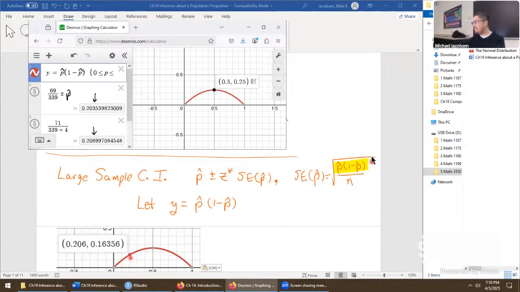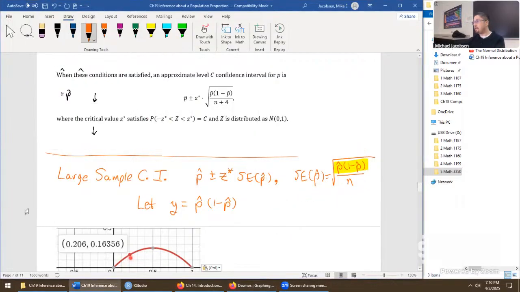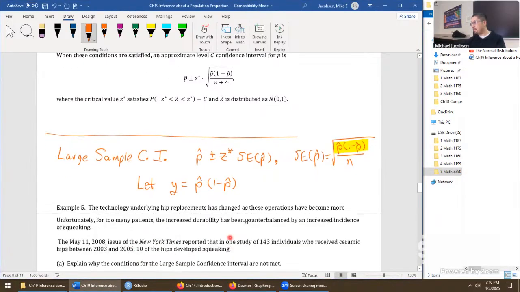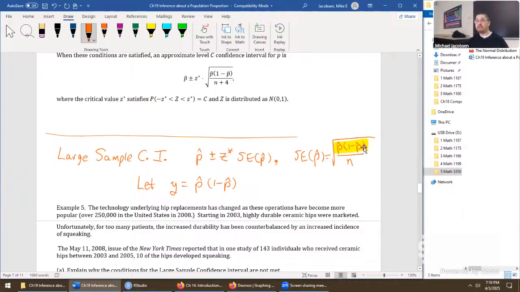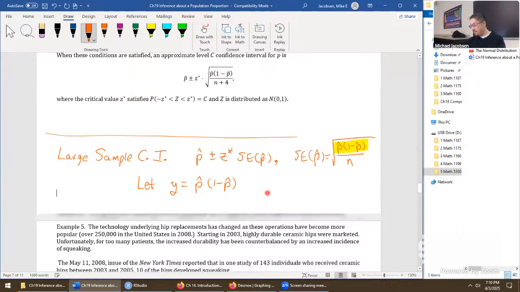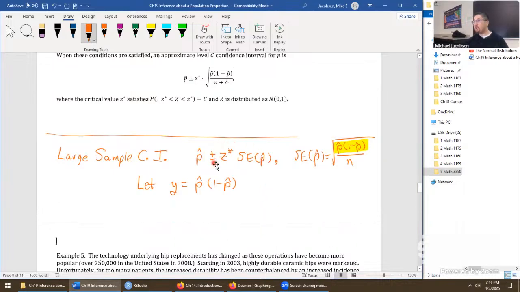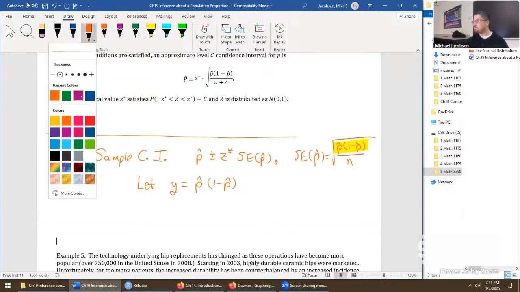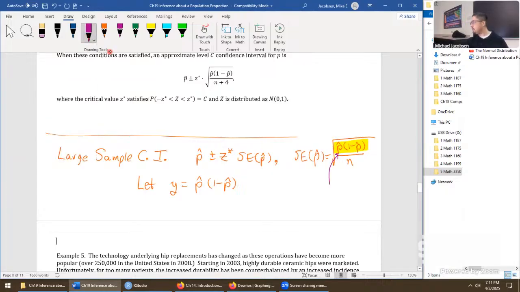But really the idea is the +4 estimator, its whole entire job is to make that part bigger. And what's the effect? If you make your standard error bigger, you're making the margin of error bigger. So let's start connecting the dots on this. P tilde makes the standard error larger.